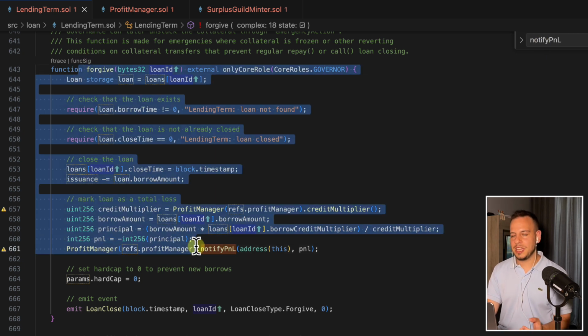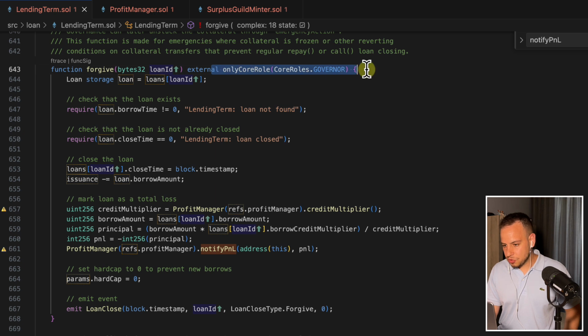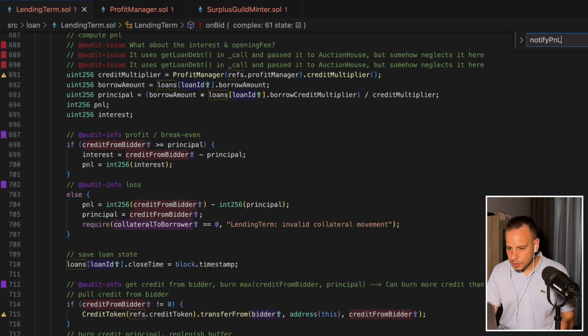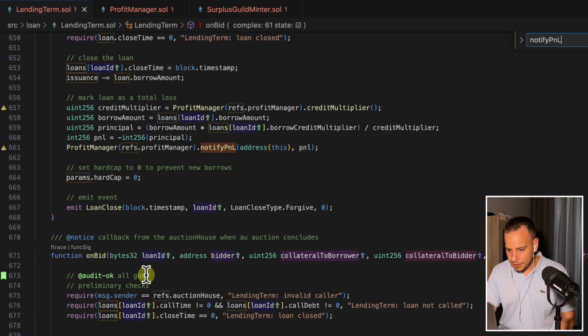Forgive is basically when there is an open loan and the gauge was deprecated, the lending term was deprecated. As you can see here, there is access control. So the governor can call this function to forgive, and that's where we will have a loss, obviously, for the lending term. It also happens here in onBid.